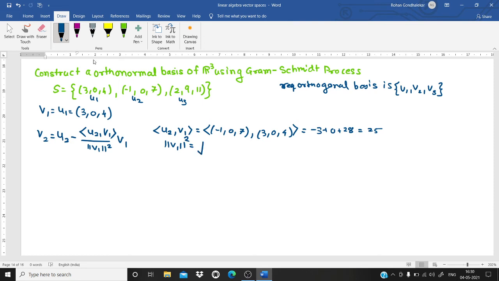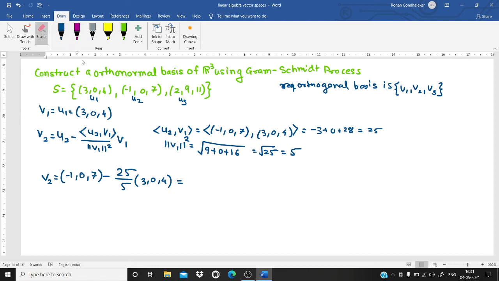So what is norm v1 square? Norm v1 is the square root of the sum of squares of each entry. So 3 square is 9, plus 0, plus 16, so we get root 25, which is 5. So hence v2 is equal to minus 1, 0, 7 minus 25 by 25 into 3, 0, 4. Sorry, I forgot that here we take norm v1 square.